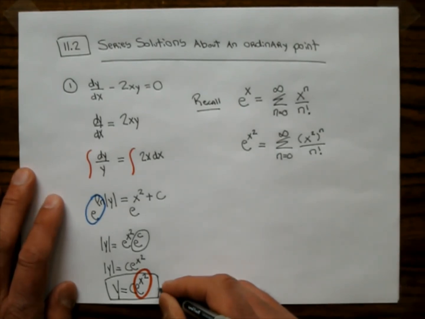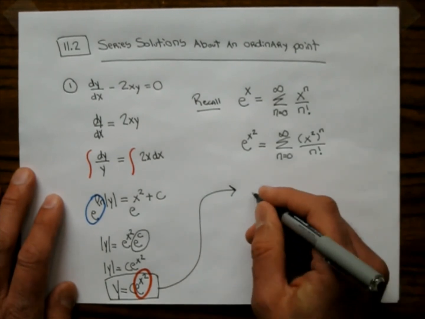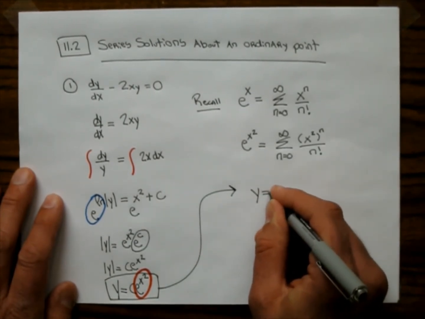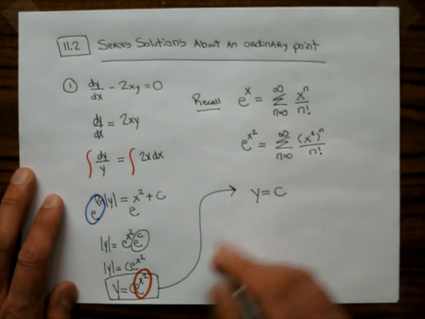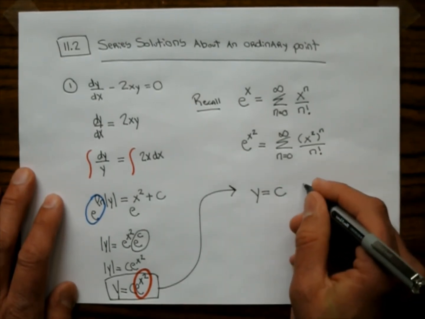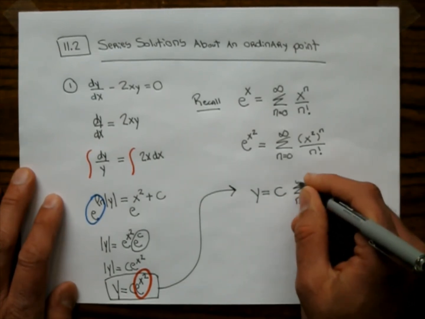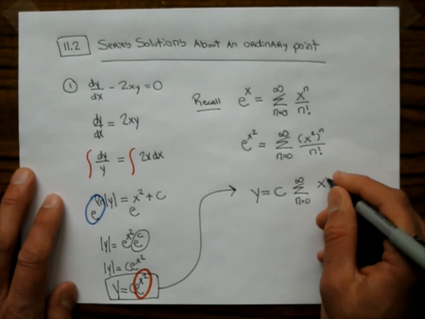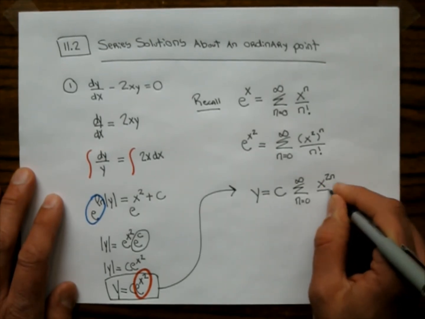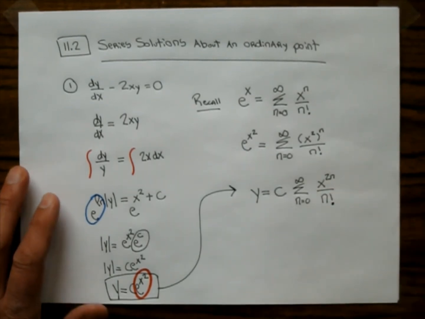And so this solution, though we normally wouldn't do this, but we want to illustrate a point, this solution equals, so we have y equals a constant times this critter right here, from 0 to infinity, just like a math teacher, to make something that was simple into something more complicated. And we have that right there.